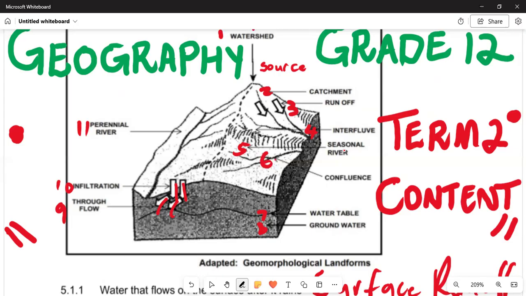Even if you are having crops on either side, we are saying crops and vegetation, agricultural practices, will increase the formation of infiltration. Number eleven, we talk about the perennial river. We are saying this river has water only when it rains.